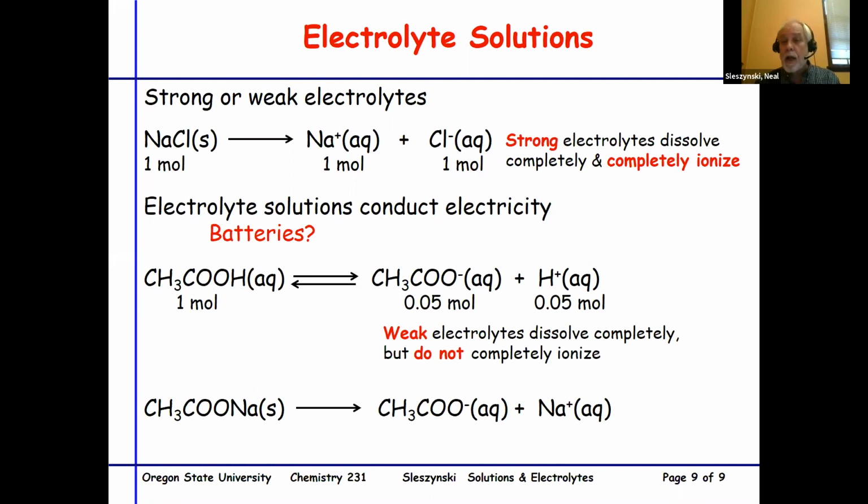And as soon as I throw sodium acetate in solution, I can transform 1 mole of solid sodium acetate into 1 mole of acetate ions and 1 mole of sodium ions. It completely dissolves, it completely dissociates, and as a result, sodium acetate gives me a strong electrolyte solution, as opposed to acetic acid, which does not.